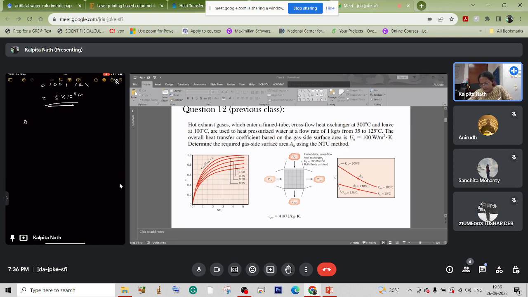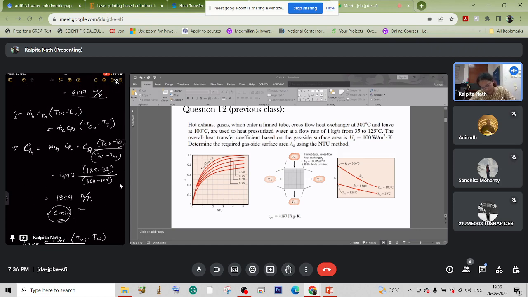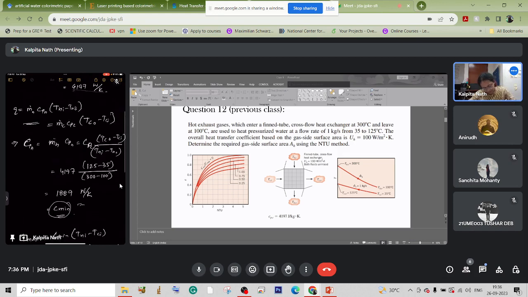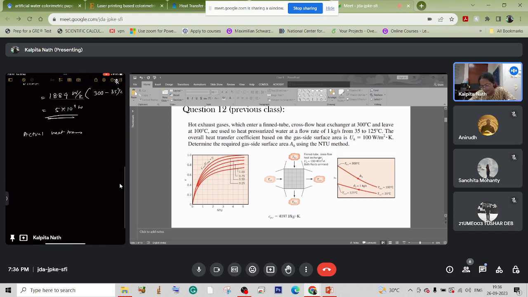Now, the actual heat transfer we can easily calculate from this equation, as we have all the requirements. So the actual heat transfer rate will be Cc into (Tc out minus Tc in), since we are using the cold fluid.